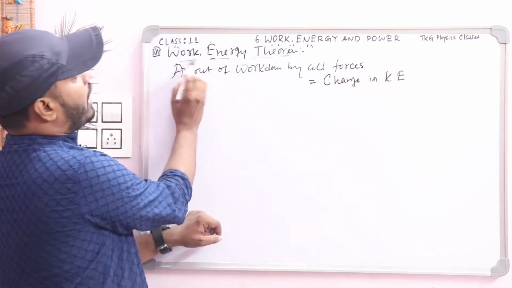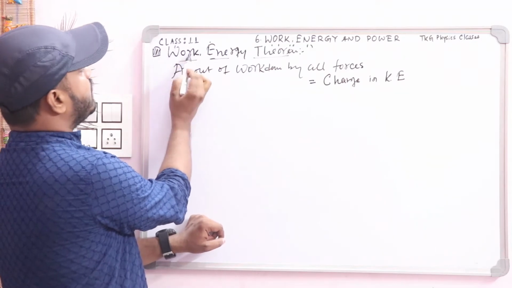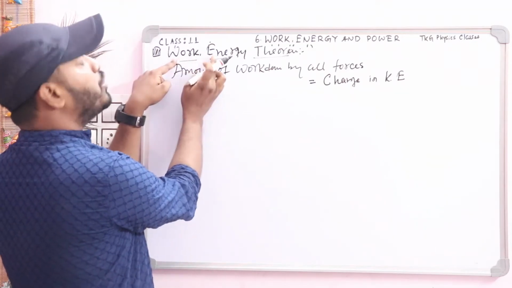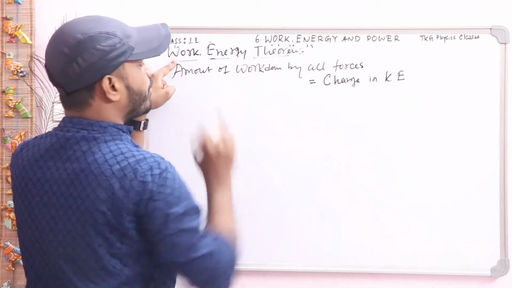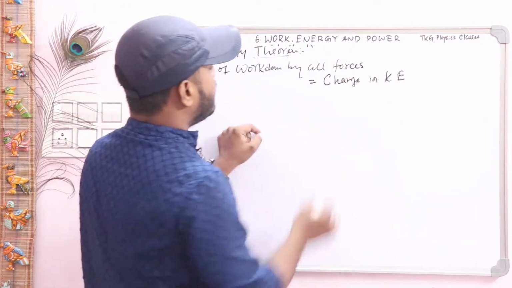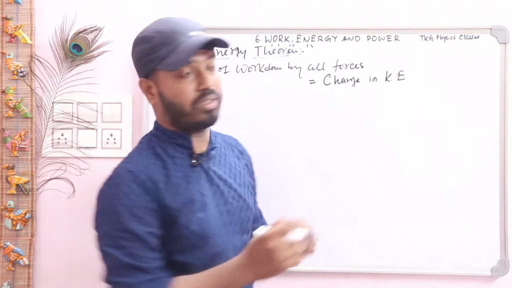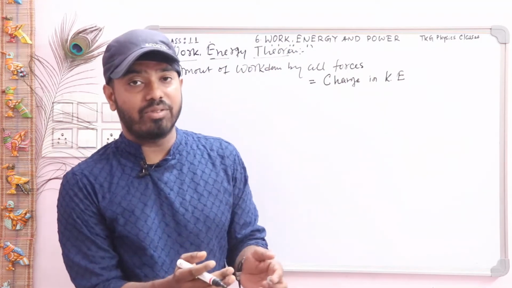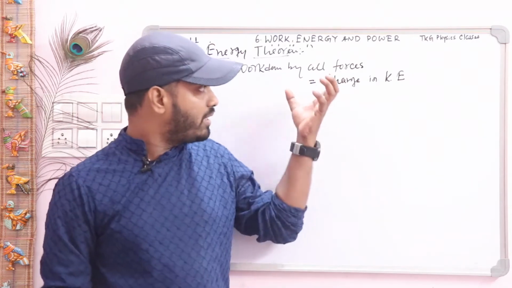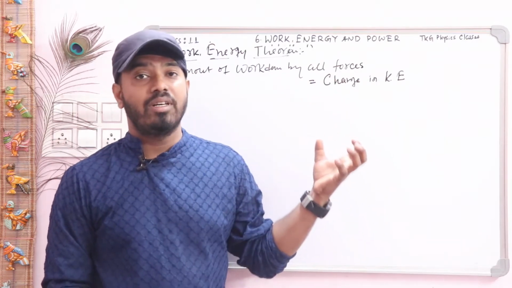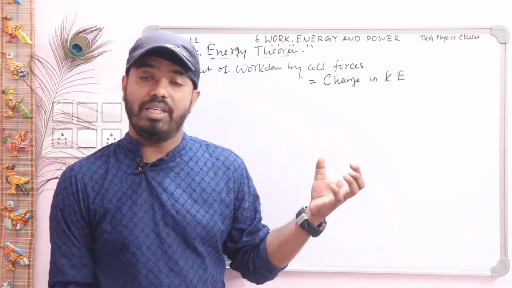You see, in the work energy theorem the amount of work done is equal to energy. Which energy? The change in kinetic energy. Here no potential energy. Okay, so the amount of work done by all the net forces is equal to the change in kinetic energy. And using this concept we can solve very high thinking problems easily.